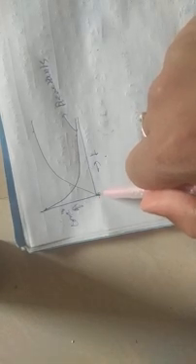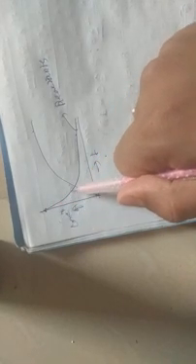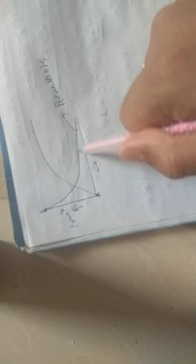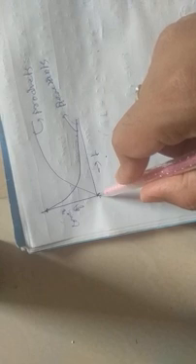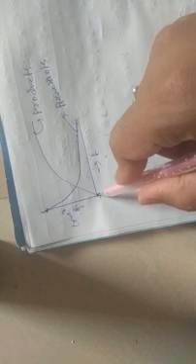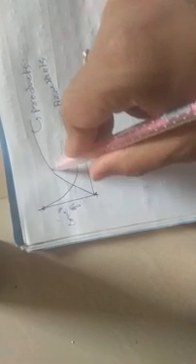At t equal to 0, the concentration of the reactant is high. With increasing time, the concentration of the reactant decreases gradually. And this graph is for products. Why products? At t equal to 0, the concentration of products is 0. With increasing time, the concentration increases gradually, so this is for products.